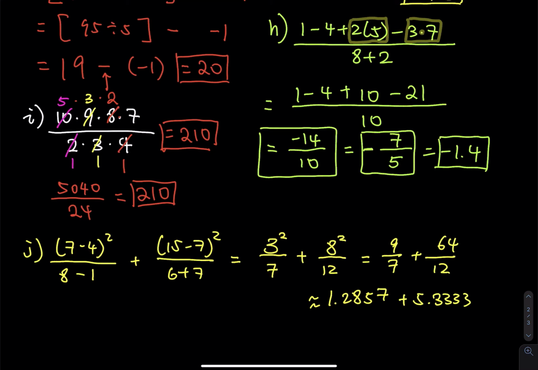So at this point, this links to the next example. At this point, we already made 2 roundings, right? So every time you round, the answer is less accurate. 9 divided by 7, if you do this on your calculator, what I see on my calculator is that it's approximately equal to 1.285714286. But I rounded this to 1.2857.